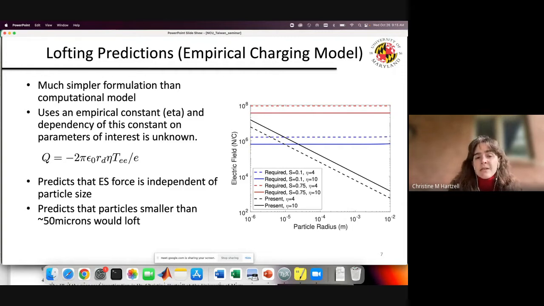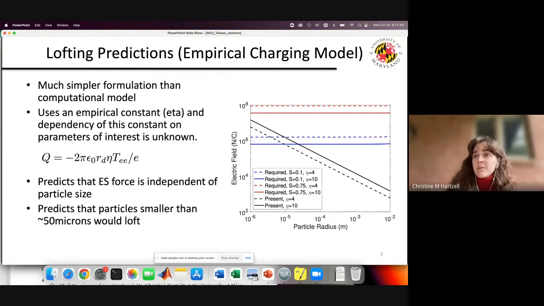So I personally prefer the computational model to this model because I think it is more based in the physics of the problem. Nonetheless, if we look at this plot, it predicts that particles smaller than about 50 microns could be electrostatically lofted from the asteroid Bennu.